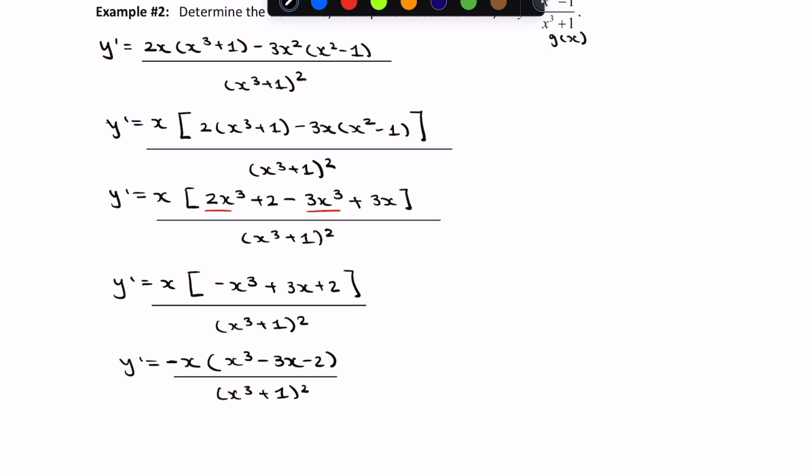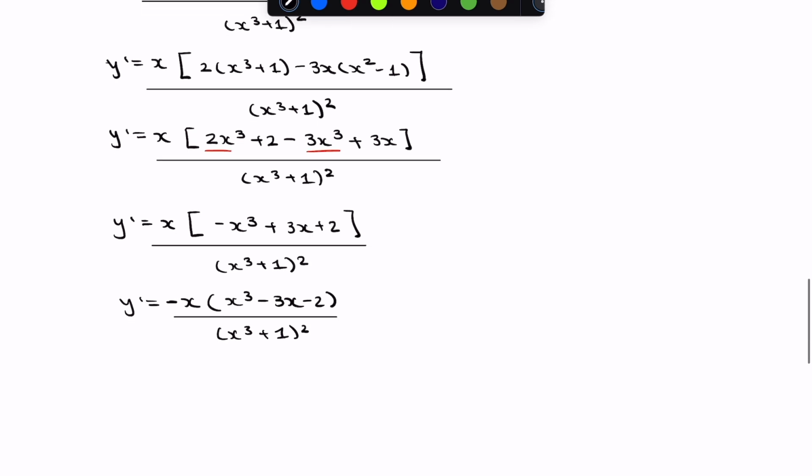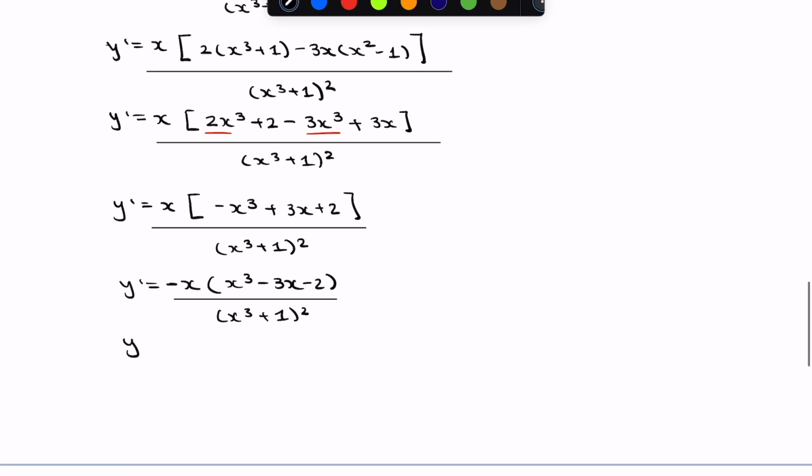So if we simplify this, we simplify the top and we simplify the bottom.